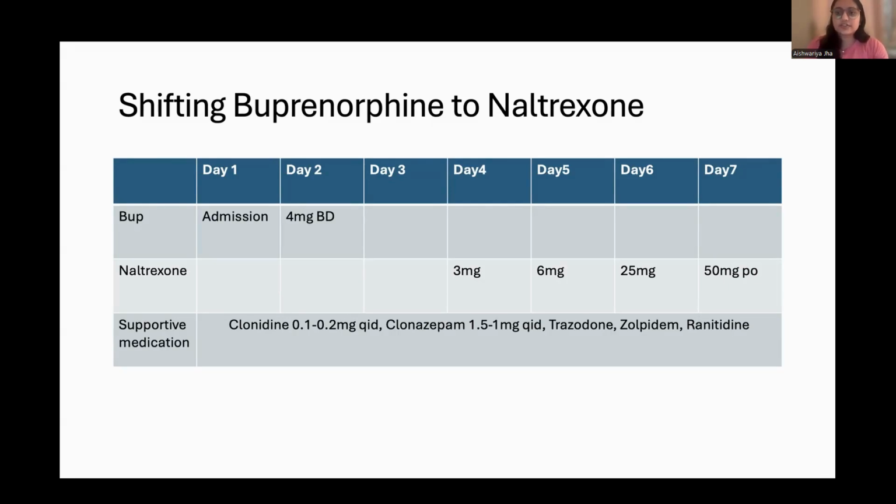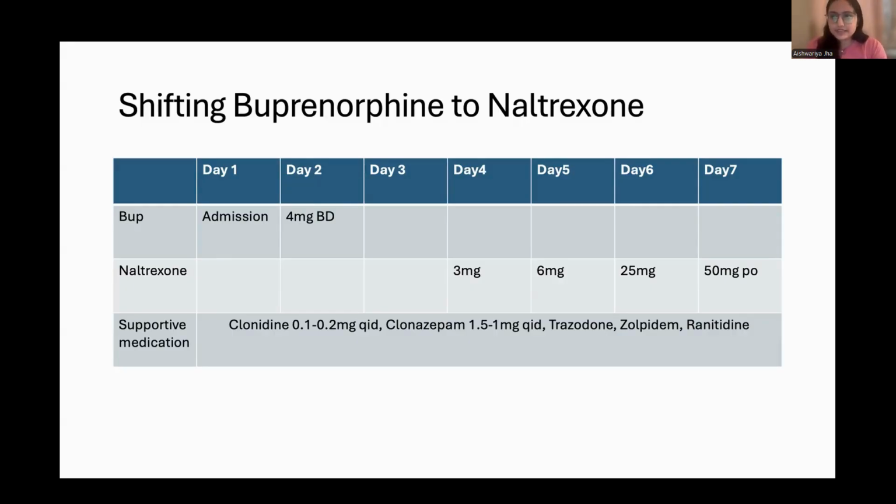We don't start off the naltrexone directly with 50 milligrams. We actually try and piece the tablet to make it 25 milligram, 12.5 milligram, 6 milligram, 3 milligram, if the only formulation available is 50. But then we also have doses which are below that, so then it'll be easier to do.